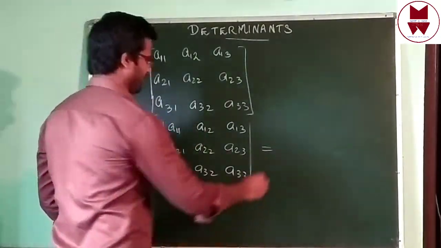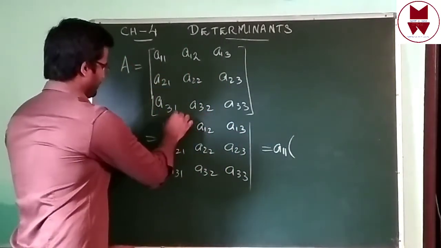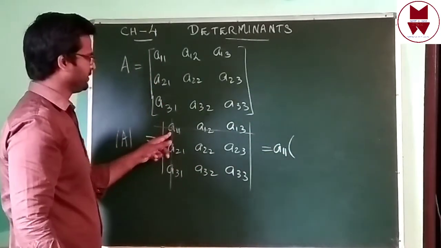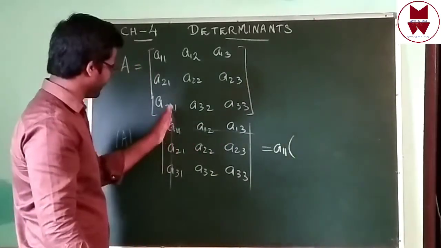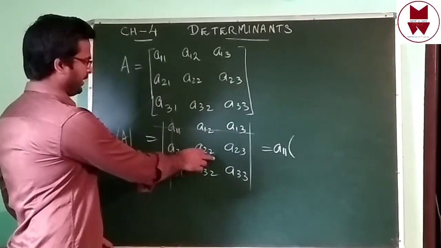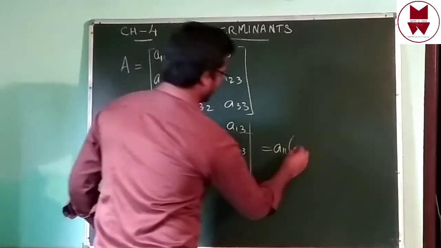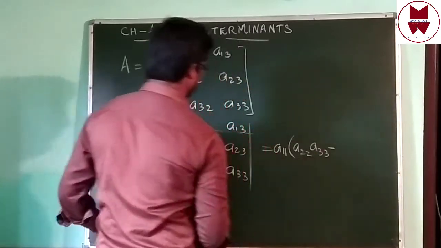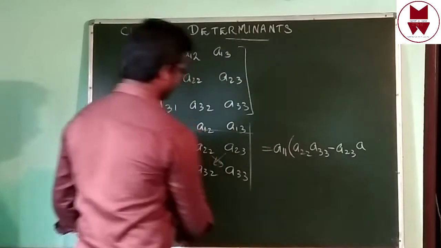First element, that is A11, into, just leave the first row and first column. Then check the remaining part: A22 into A33, then minus A23 into A32.